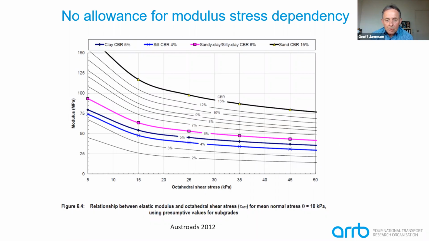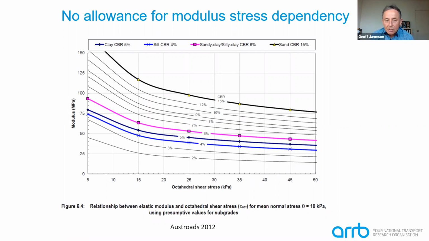So that may be of interest to researchers to look at that report and study what we came up with about presumptive values of stress dependencies for different materials. So that's where they've come from. We've looked at the literature and we've come up with some presumptive stress dependencies, and that forms the base.